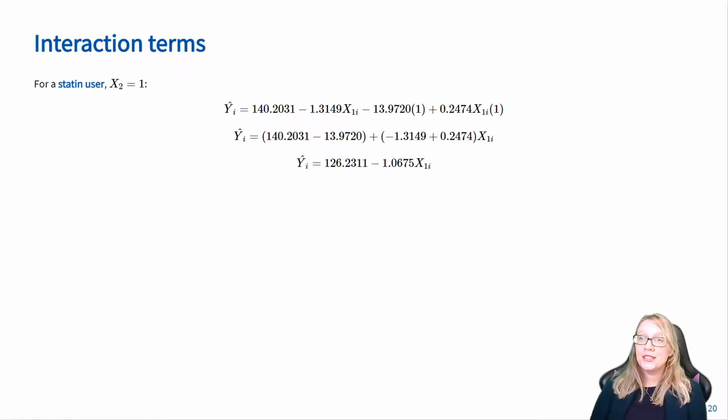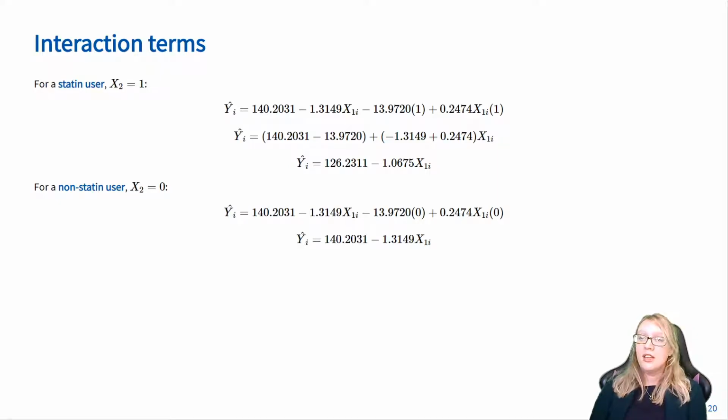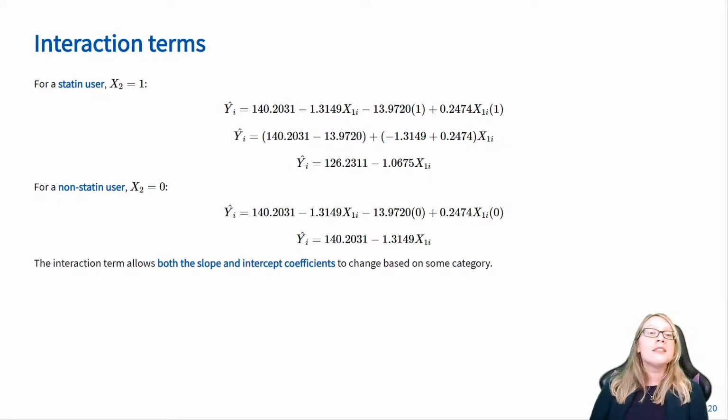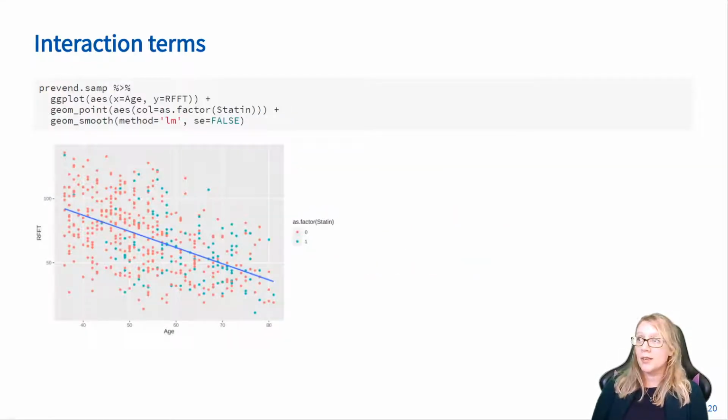So notice that the slope on age for this statin user model ends up being different to the slope when we include a 0, or the not statin use category. So we're allowing with an interaction both the slope and intercept terms to change depending on some category.